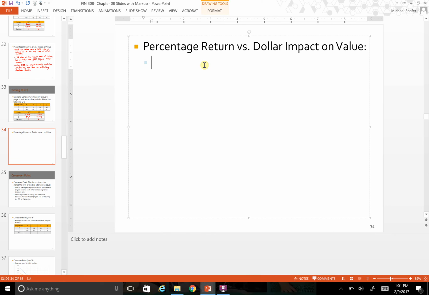The difference between these two projects is one is a longer term than the other. So project Y was a longer term project. And longer term projects earn their rates of return for a longer period of time.